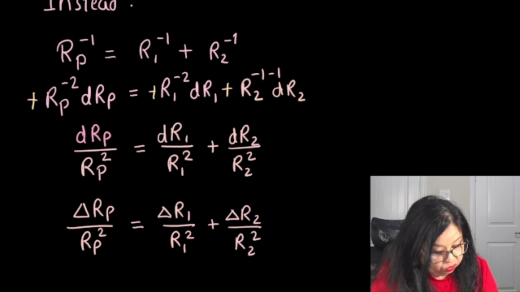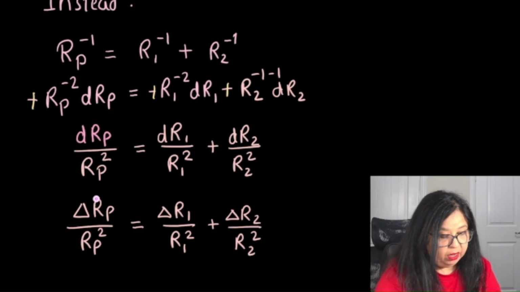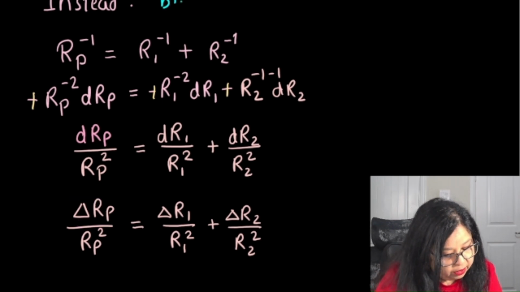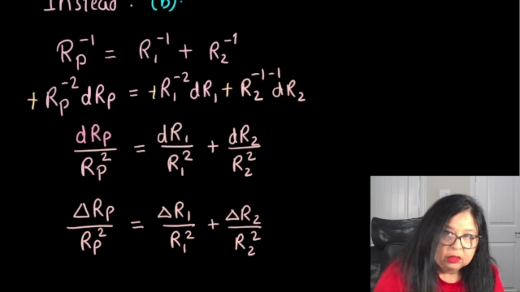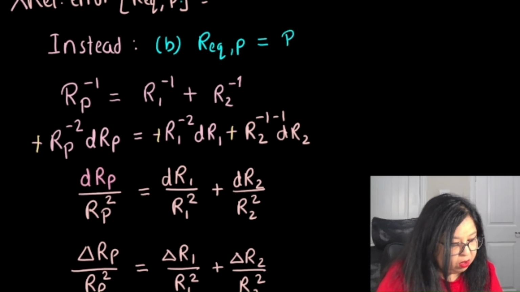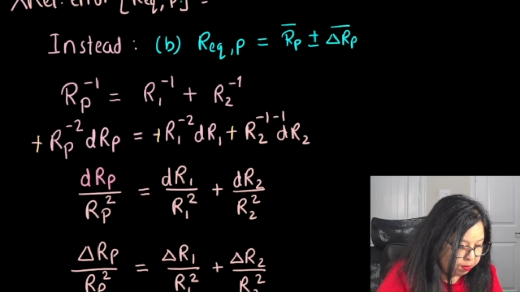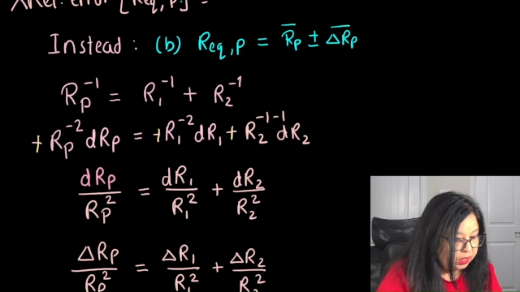Now we are interested in solving for this delta Rp. Why? Because what do we want eventually in part B? We want R equivalent in parallel. What is that going to be? Rp bar plus minus delta Rp bar. That's what we have been doing.